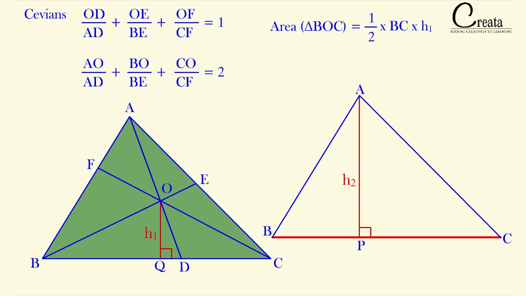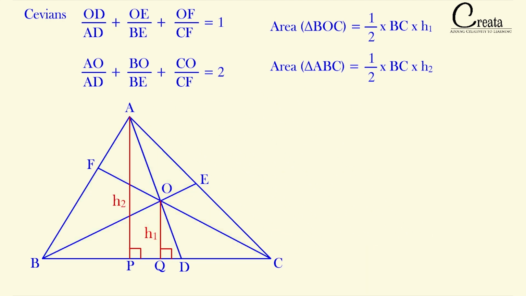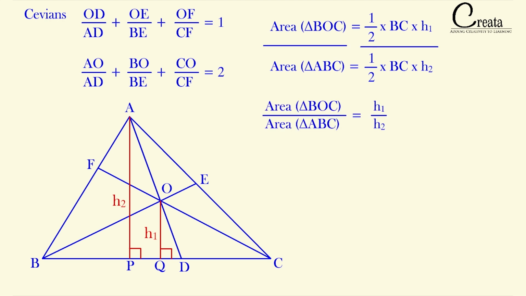Now if we assume BC as a base, we can calculate the area of triangle ABC as half into BC into H2. We got the area of both the triangles. Further, let's divide both the equations. We got area of triangle BOC upon area of triangle ABC is equal to H1 upon H2.